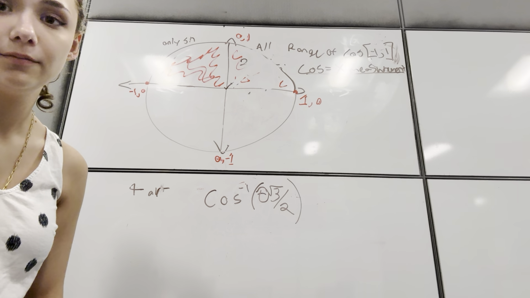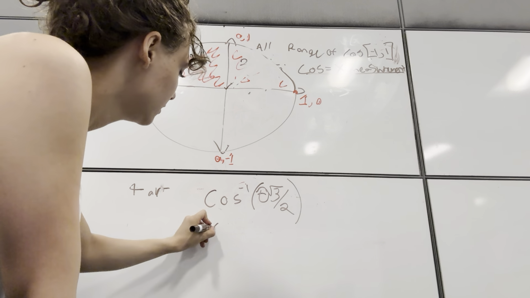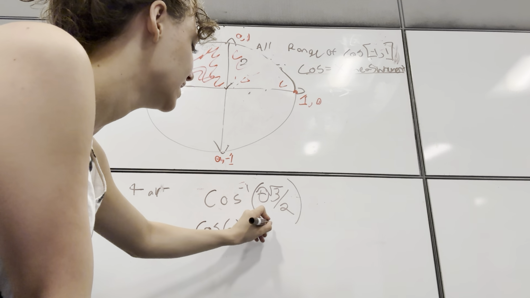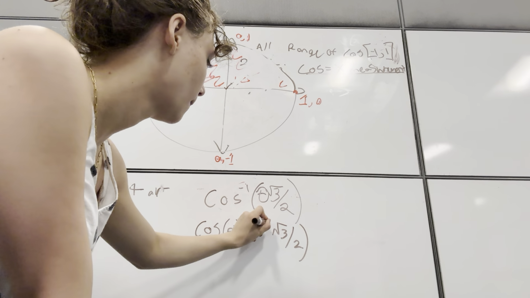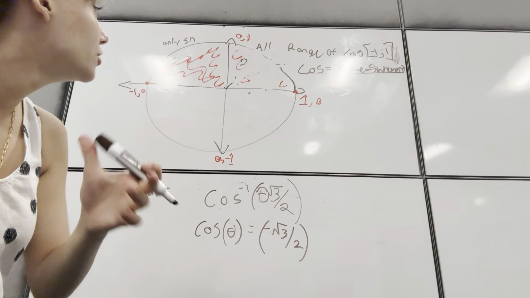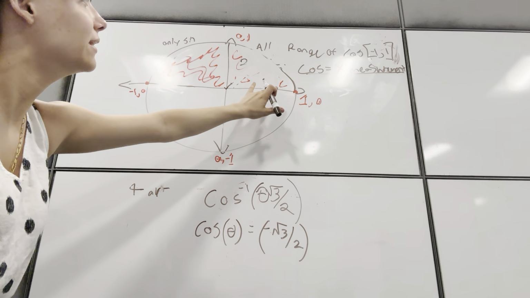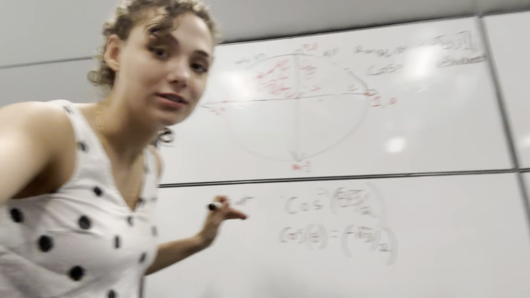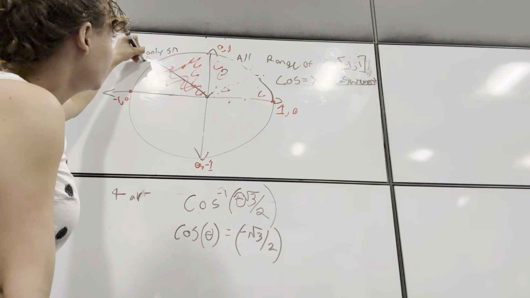Let's write it as a formula we're familiar with: cosine of what is going to give us negative radical 3 over 2? Where's the only quadrant that cosine could be negative? The second quadrant, right? So I'm going to draw a little triangle here.